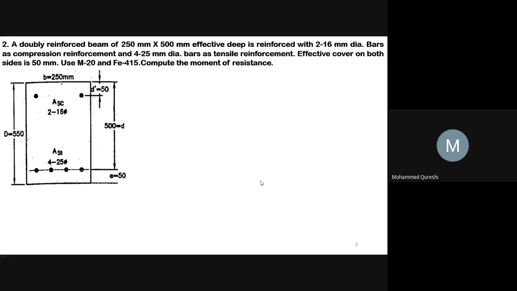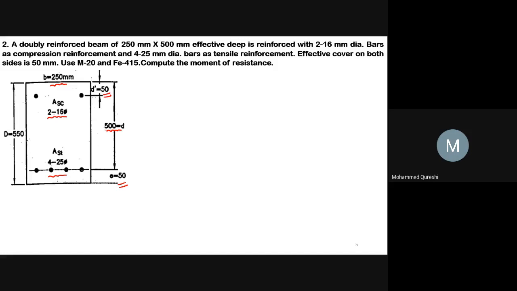So here the value of b is given as 250 mm and the effective depth, small d, is given as 500 mm, and it is reinforced with two numbers of 16 mm dia bars as compression reinforcement. So the compression reinforcement bars are two numbers of 16 mm dia, and for tensile reinforcement it is given 4-25 mm dia bars, and effective cover on both sides is given as 50 mm.